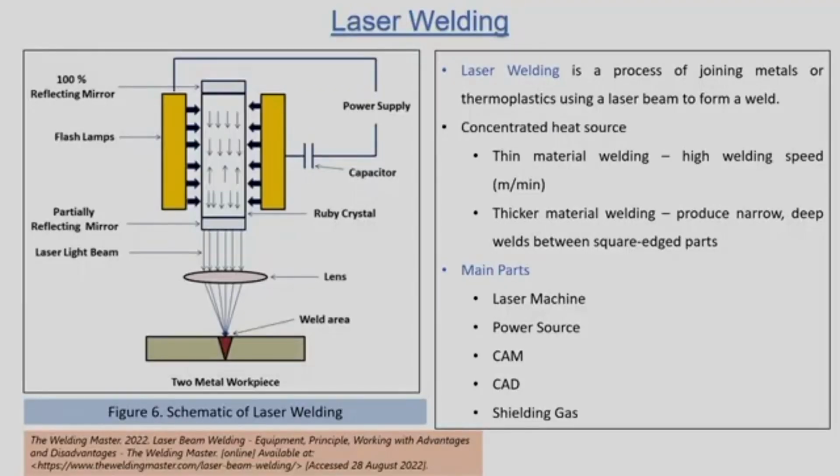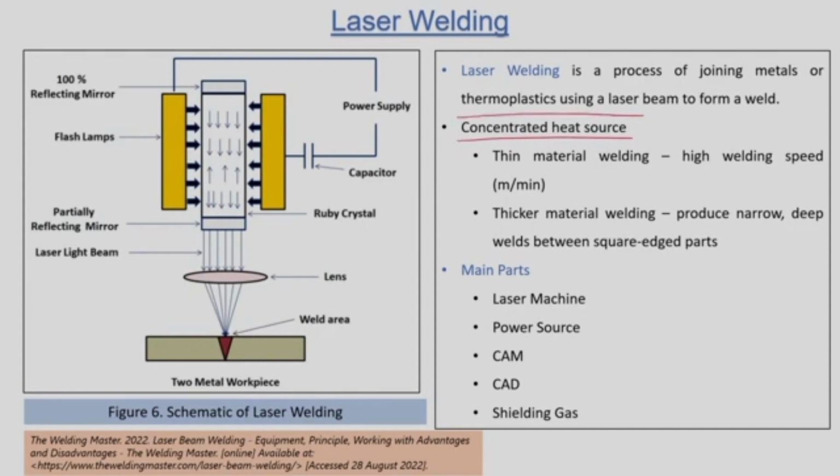Some portion may also get vaporized, and after melting and vaporization there is re-solidification of the melted parts, and then we get the required welding done. As we know, the lasers provide us a concentrated heat source. That is the peculiarity of the lasers we are using here.